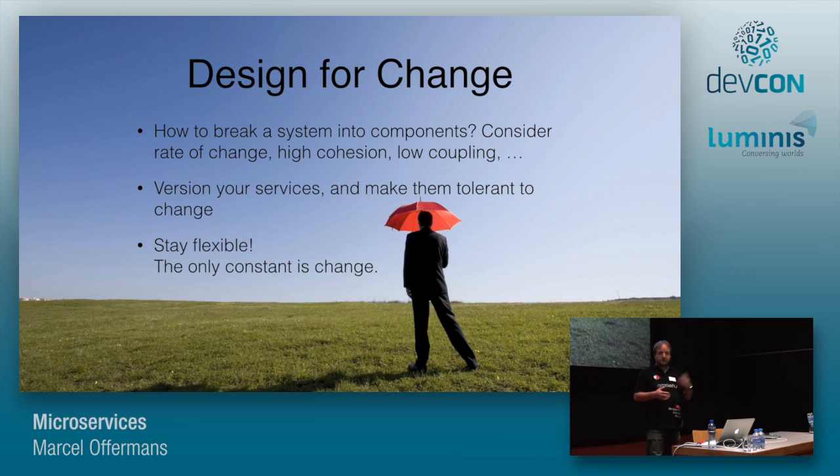Another thing to do, like I said, is version your services, but also try and make consumers of those services as tolerant as possible to changes. Because every time you bump a service API and it's some kind of breaking change, you might have 10 or 20 clients using that service. If you somehow need to update all of them, then changes are still going to ripple throughout your whole application.